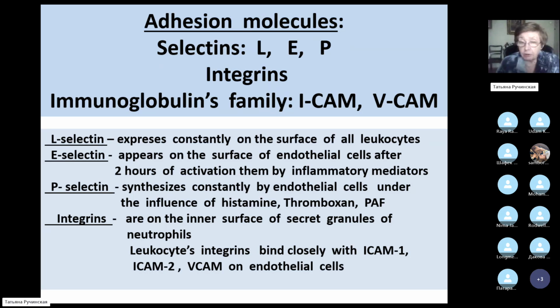and it cannot give contact with endothelial cells, because endothelial cells have no granules and must synthesize and secrete the selectins. P-selectin must be synthesized inside the endothelial cell, and after activation and retraction of endothelial cells, it appears on the surface.